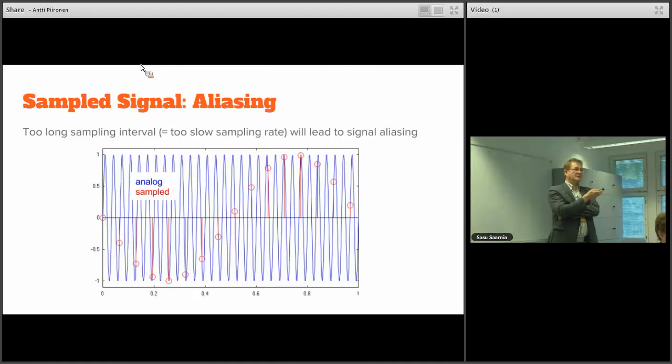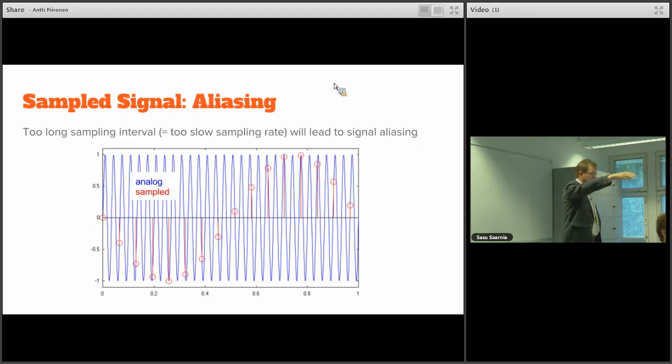If you have too low a sampling rate, those red markers are the points where the signal has been sampled. The red circles show the envelope of what you will be getting out of the A to D converter.